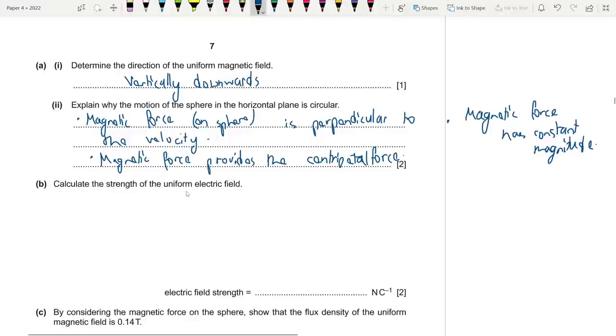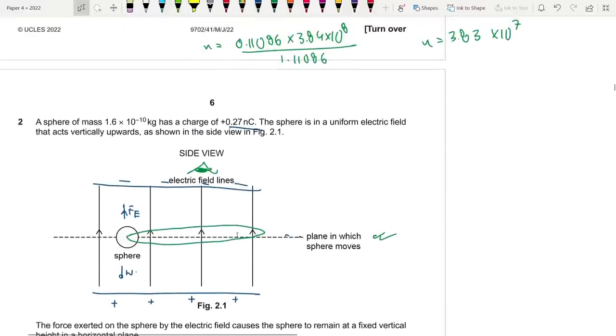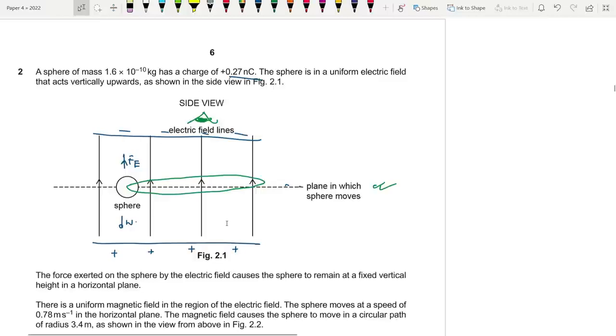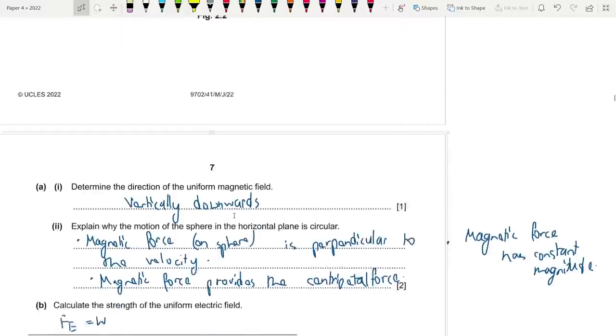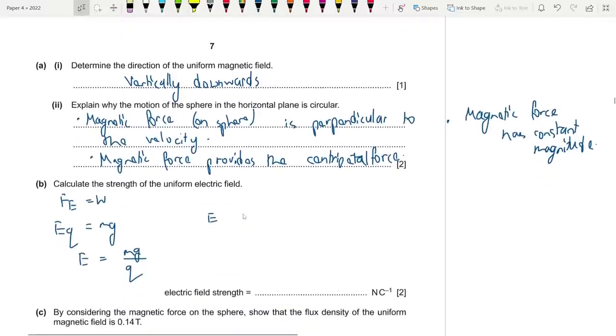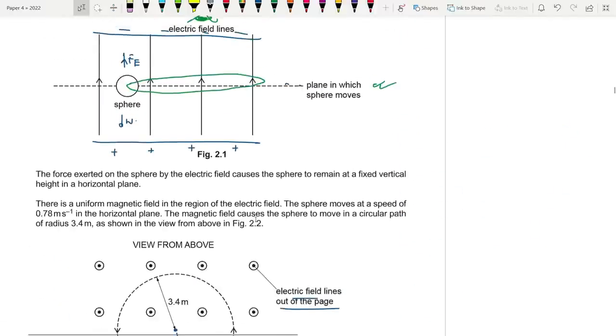So we need to say that the electric force is equal to the weight, or F is equal to EQ, right? Electric force equals EQ, and the weight is mg. So the electric field strength will basically be equal to mg by q. So what is the mass? The mass was 1.6 × 10^-10, and the charge was 0.27 nanocoulombs. So E is equal to 1.6 × 10^-10, 2SF, right?